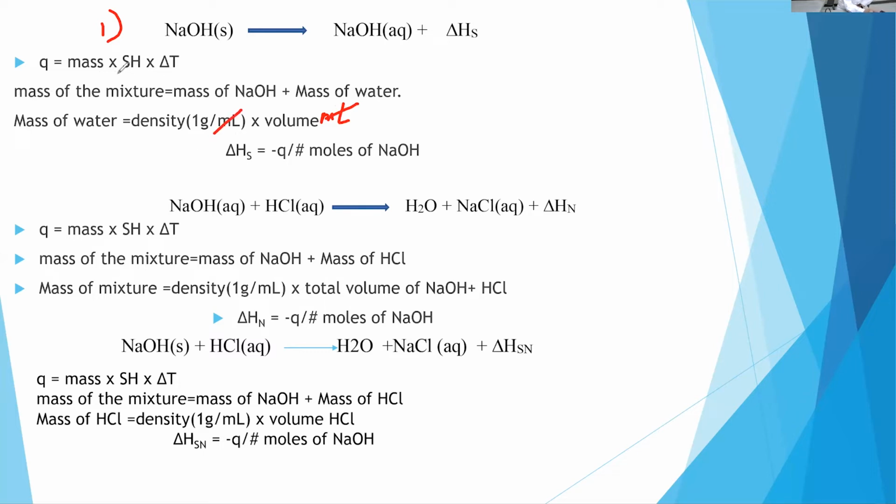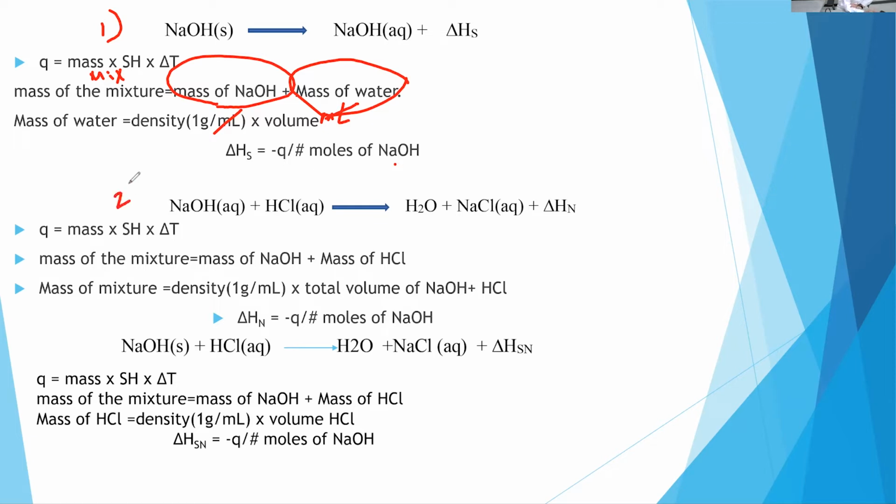For the mass of the mixture, you are using the mass of the mixture here. The mass of the mixture is the mass of sodium hydroxide solid you're adding plus the mass of water, and you find the mass of water. To find the delta HS, when you find the Q, you also find the number of moles using mass divided by molar mass.